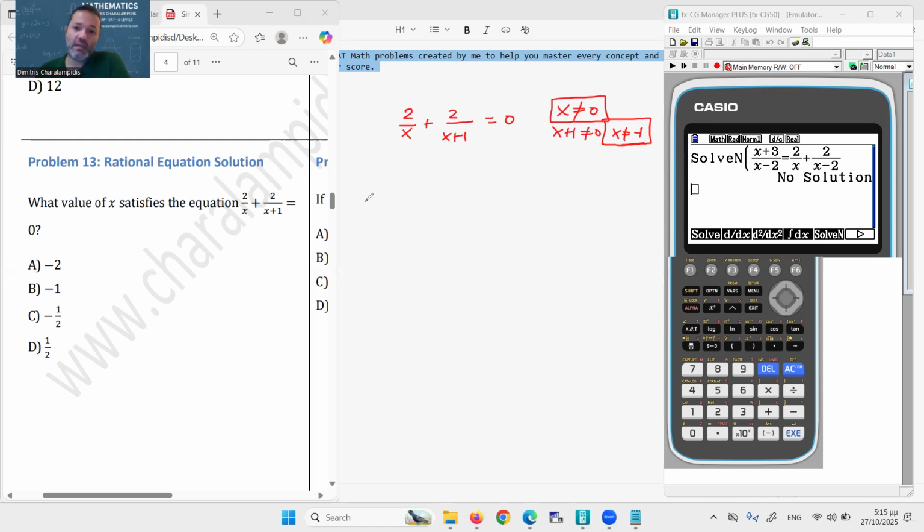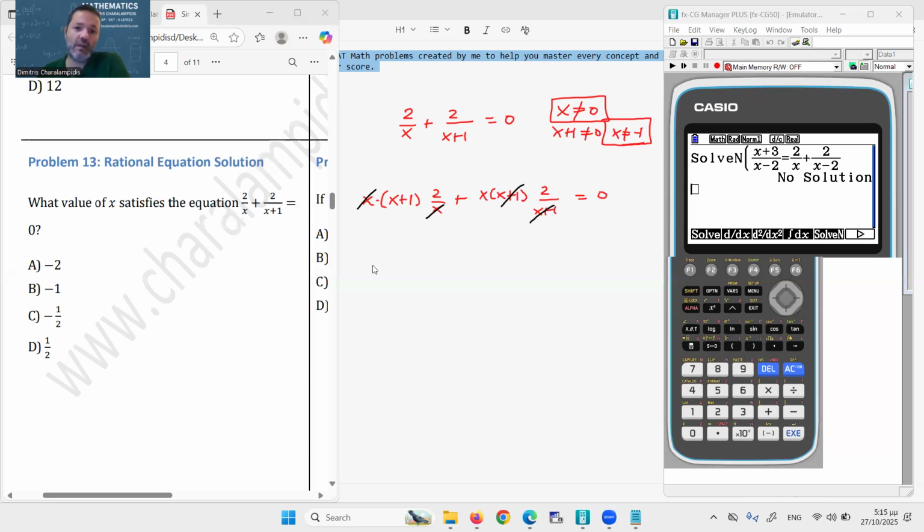Then we can just multiply by the denominators, by both of them, every single expression. So x times x plus 1 times 2 over x plus 2 over x plus 1 equals 0. This will allow me to simplify them, x and x, x plus 1 and x plus 1.